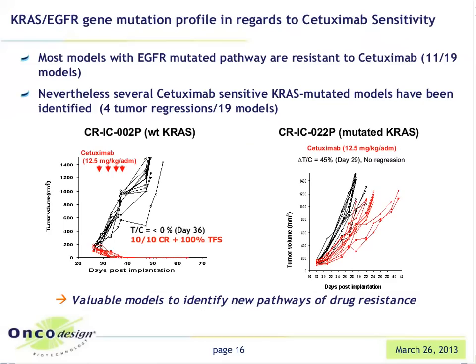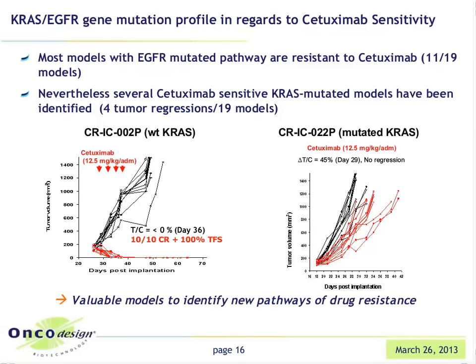Here I will go into more detail about the study that we ran for Cetuximab sensitivity versus KRAS status mutation. As you might probably know, KRAS is downstream of EGFR. It is part of this pathway, and when you have this pathway mutated, most of the time it is a KRAS mutation.